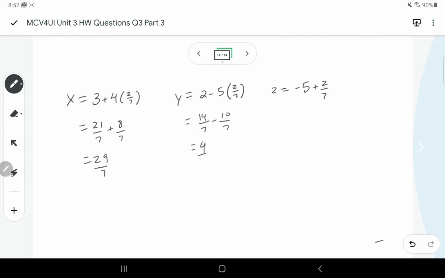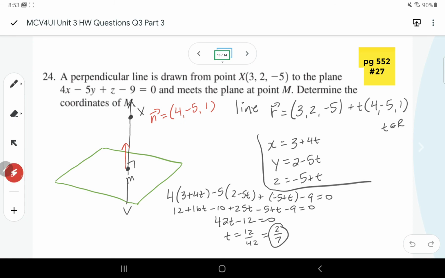And I have lost my calculator, so I'm showing all of my steps to try not to make any silly mistakes here. So the point M is 29 over 7, 4 over 7, and negative 33 over 7, because that t value tells us how many multiples of the normal we have to take from x to get to point M where it intersects.